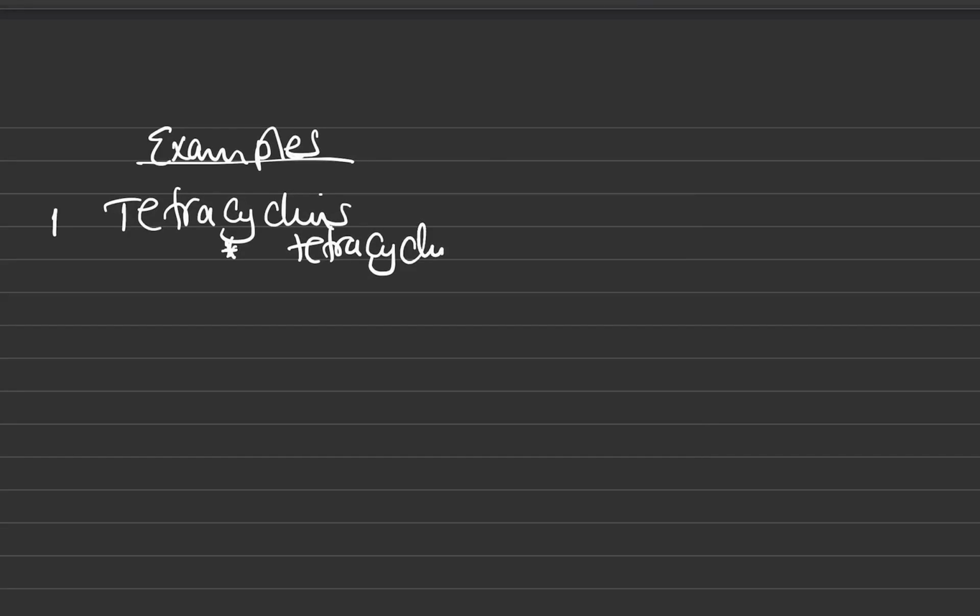Examples of 30S inhibitors. Number 1, I'm sure you have heard of tetracyclines. Tetracycline is a class of drugs. So examples: tetracycline itself, tetracycline is a drug itself. We have minocycline, and chlortetracycline.